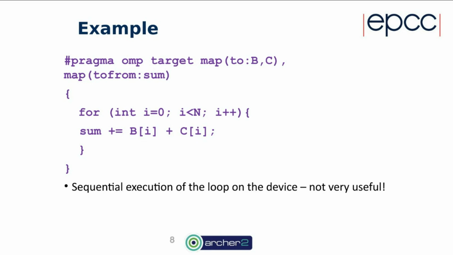So I say map to for B and C, and for sum, I want to transfer the initial value of sum to the device and the final value of sum back from the device again, so I can say map tofrom for sum. But as it stands, this loop will execute sequentially on the device, so at this point it isn't much use for anything.